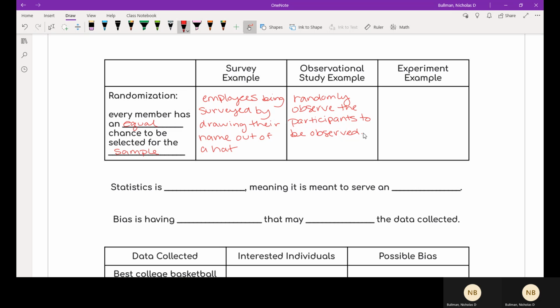This kind of correlates with the survey, so you could choose the random participants to be observed by choosing their names out of a hat.